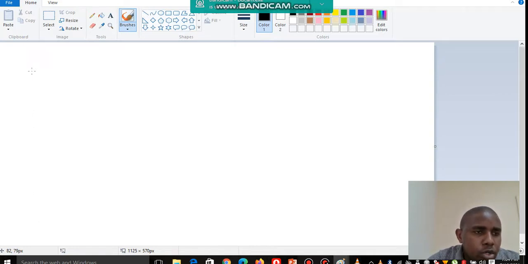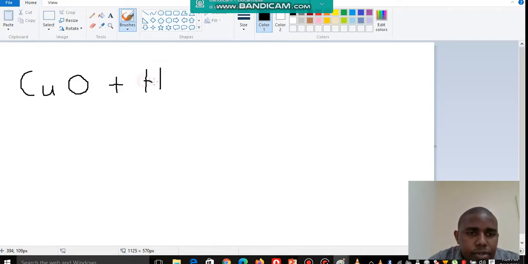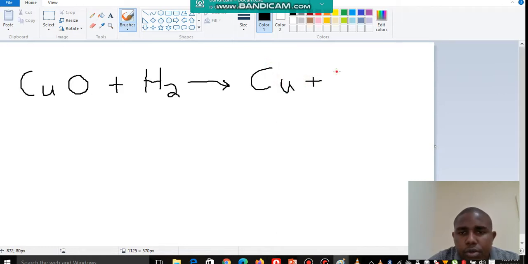Okay, so we have copper oxide reacting with hydrogen to form copper metal and water molecules.